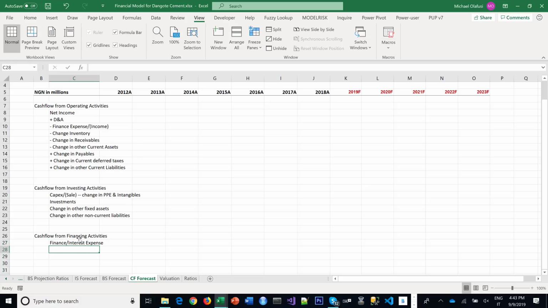So debt repaid, or let me use this way, increase slash decrease in debt.